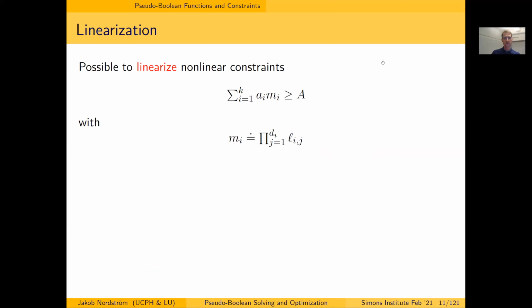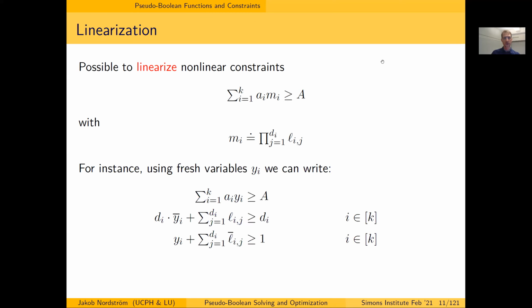Another aspect that is worth commenting on is that we restricted our attention to linear constraints. But if we have non-linear constraints, say we have a polynomial, sum of ai mi for i goes from 1 to k greater or equal a, where the mi's are monomials, then we can in fact write this as a collection of linear constraints; we can linearize.